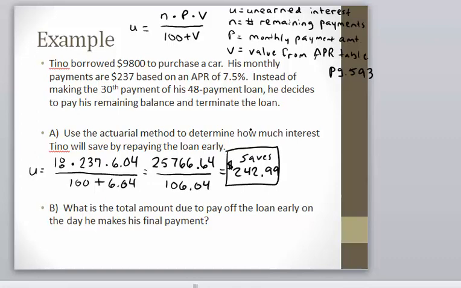Now let's move to Part B. Part B asks us, what is the total amount due to pay off the loan early on the day that he makes his final payment? So we know that he has 18 payments remaining, excluding the 30th. So first of all, let's determine how much principal he has left to pay on the loan.